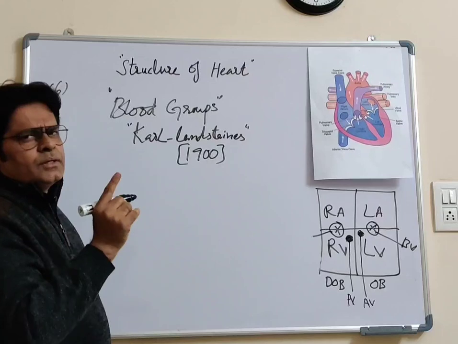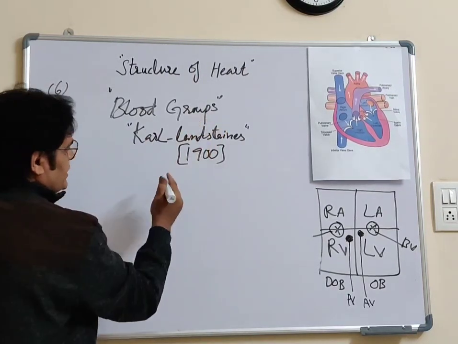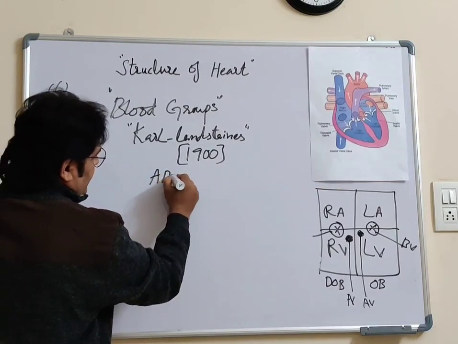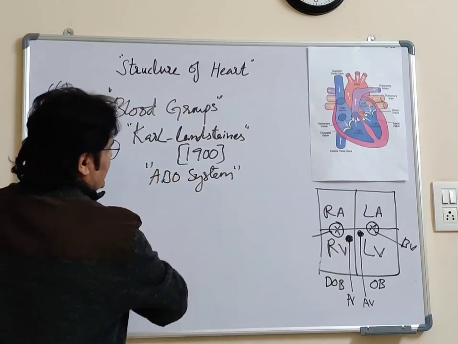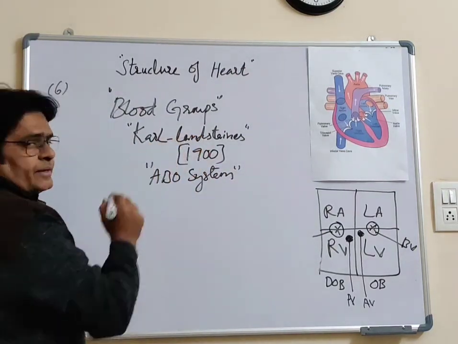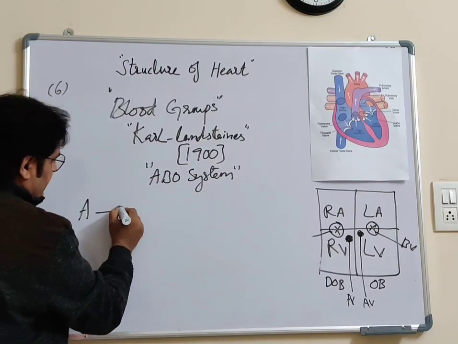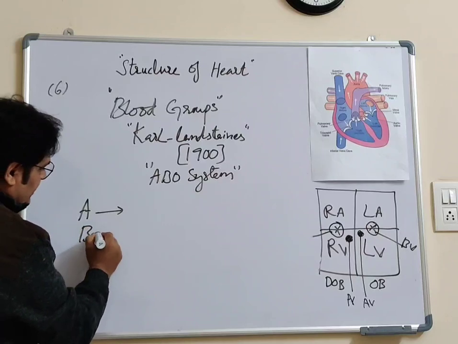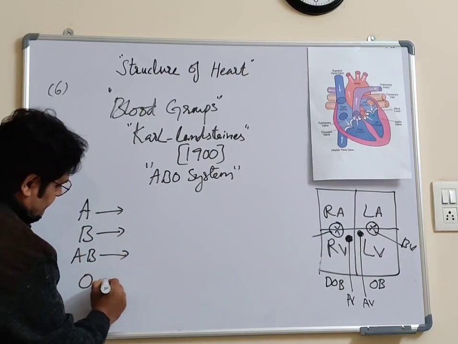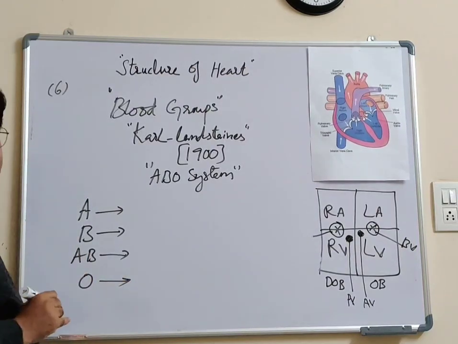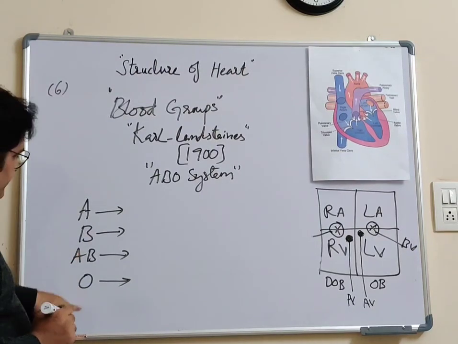In the complete world, people are divided into 4 blood groups, and he gave it the name ABO system. Who? Karl Landsteiner. What are the blood groups? A blood group, then B blood group, then AB blood group, then O blood group. These are the 4 blood groups in the body. Clear? A, B, AB and O.